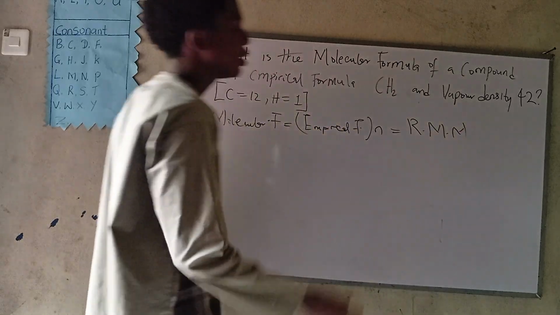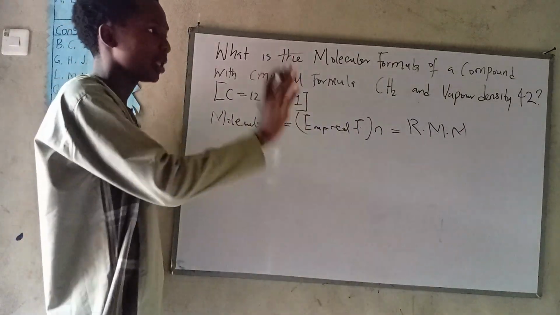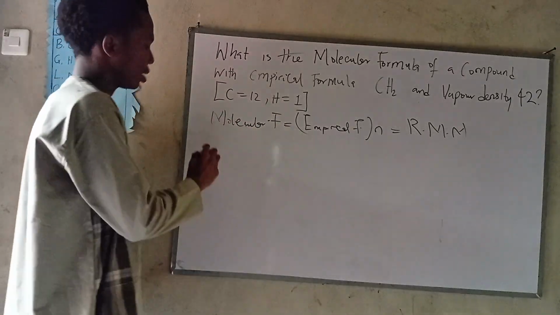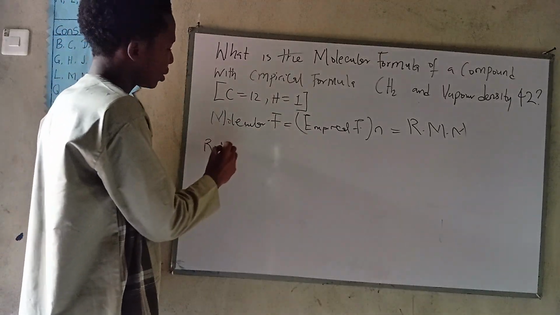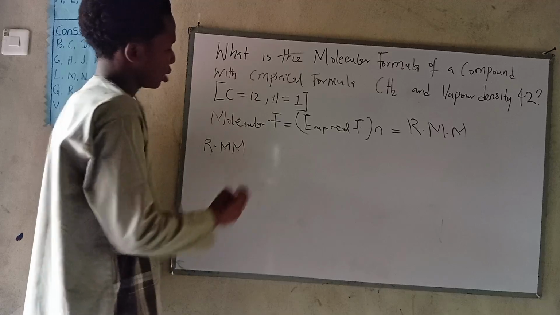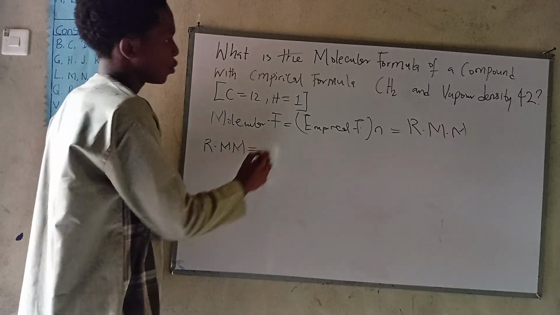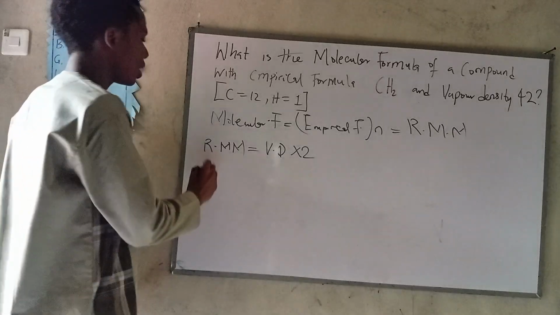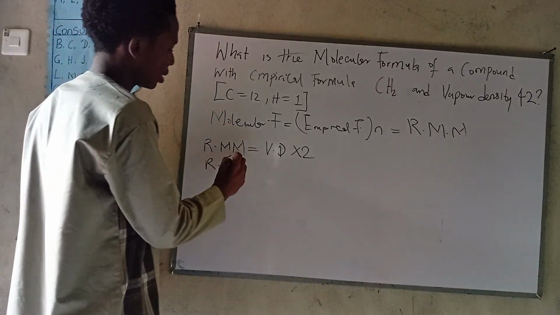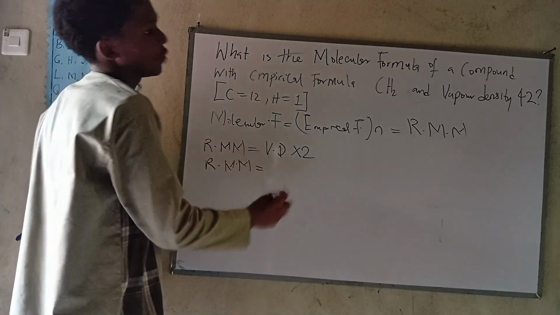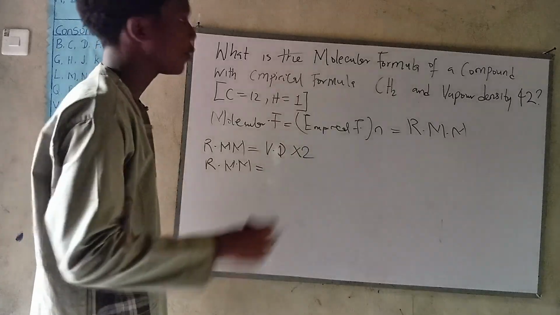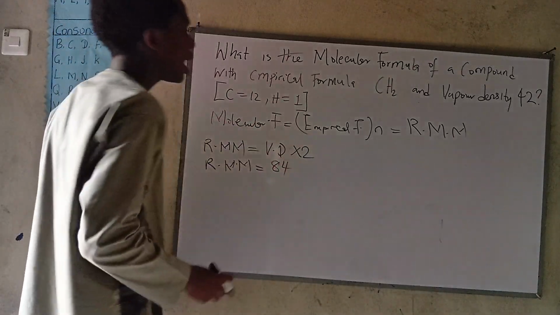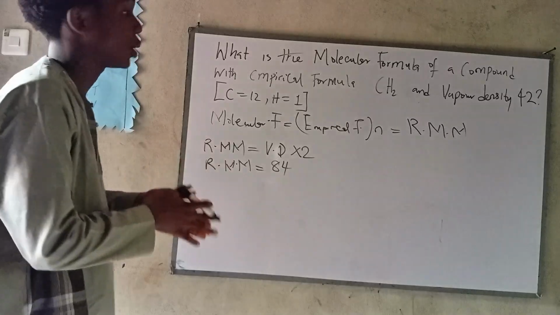But we were not given the relative molecular mass, we're only given the vapor density. And we know we have a formula that says relative molecular mass is equal to vapor density times 2. So now our relative molecular mass is what? Vapor density is 42, so 42 times 2 will give us 84. Now after getting our relative molecular mass, what do we do?